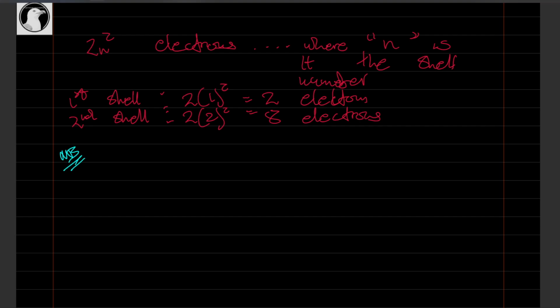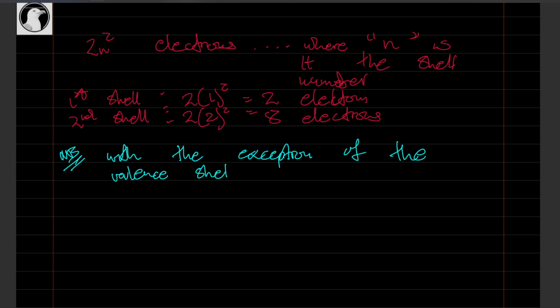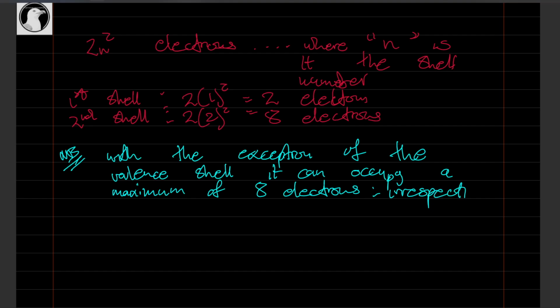NB: with the exception of the valence shell, it can occupy a maximum of 8 electrons, irrespective of its number.